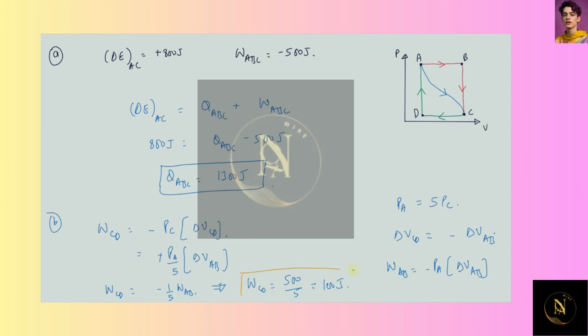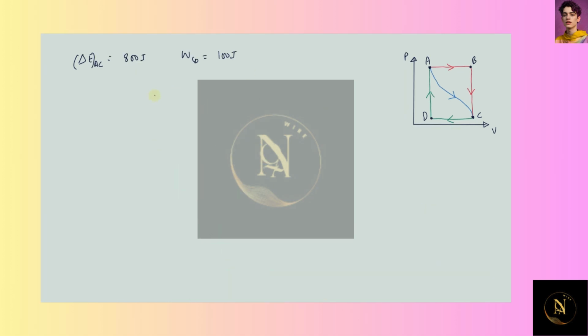Next we'll be solving the C part. Now in the C part we have to find the energy exchange with the surrounding by heat as the gas goes from C to A by using this green path. For that we'll be applying the first law of thermodynamics.